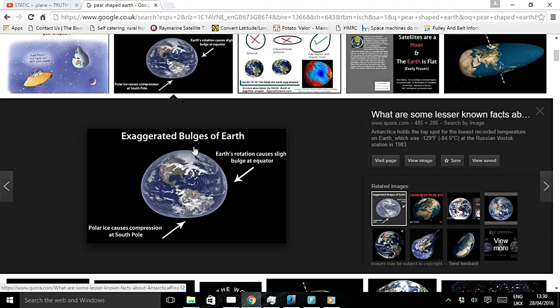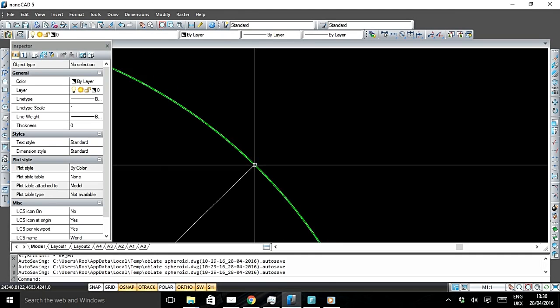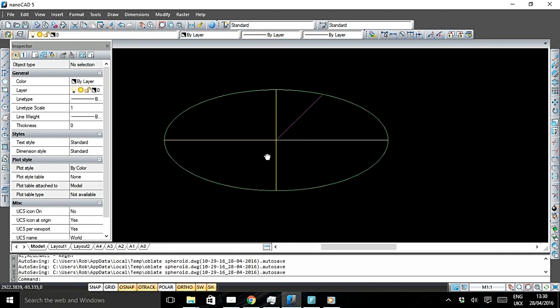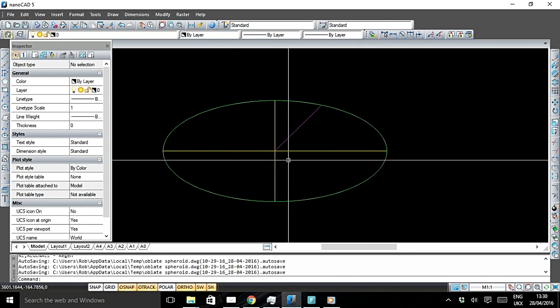In fact, anywhere along the surface of this pear-shaped object, the center is at a different point. At least with the oblate spheroid, no matter how pronounced, like this one for instance, we can still find a center point just here.